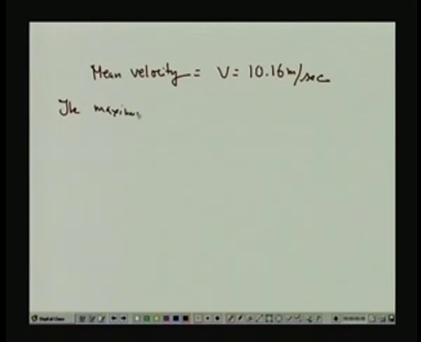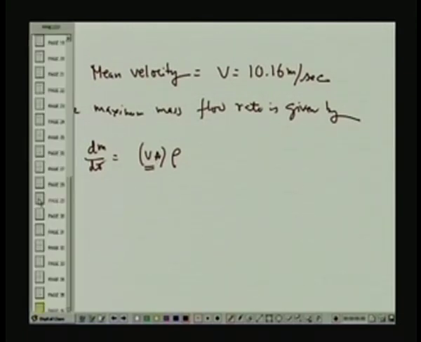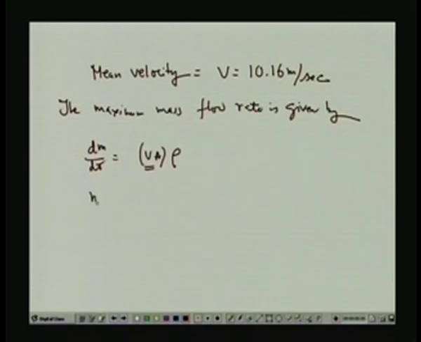The maximum mass flow rate is given by dm by dt equal to VA into rho, where VA is the volumetric flow rate. So it will become m dot equal to V into pi d square by 4, where d is the diameter of the pipe, into rho.